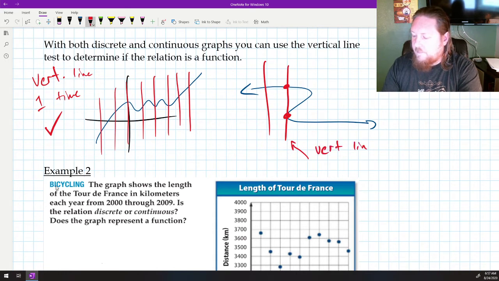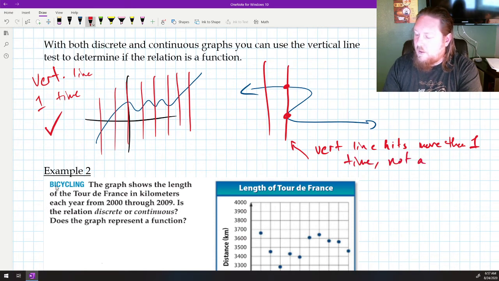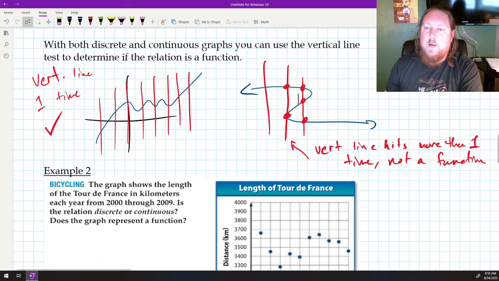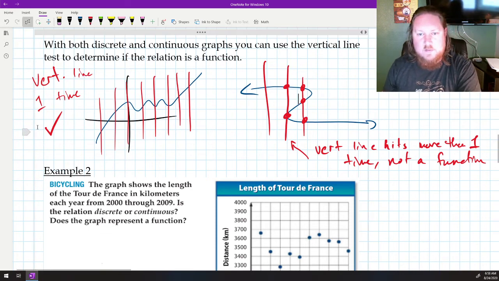Vertical line hits more than one time, not a function. And over in another spot here, you can see it even hits 3 times, so it's definitely not a function. But you only ever need that to happen once to cancel out whether or not it's a function. But that's the idea of the vertical line test.